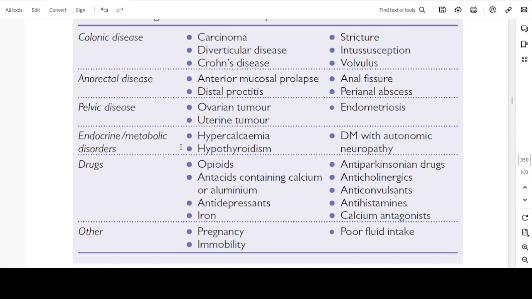Endocrine or metabolic disorders: hypercalcemia, hypothyroidism, diabetes with autonomic neuropathy. Drugs: opioids, antacids containing calcium or aluminium, antidepressants, iron, antiparkinsonian drugs, anticholinergics, anticonvulsants, antihistamines, calcium antagonists. Others are pregnancy, immobility, poor fluid intake.